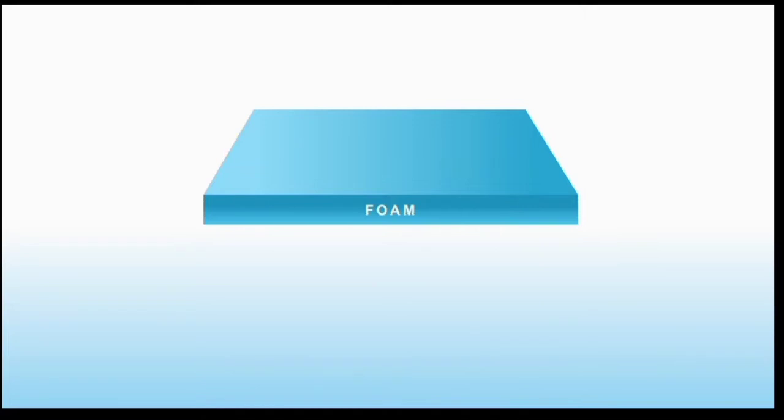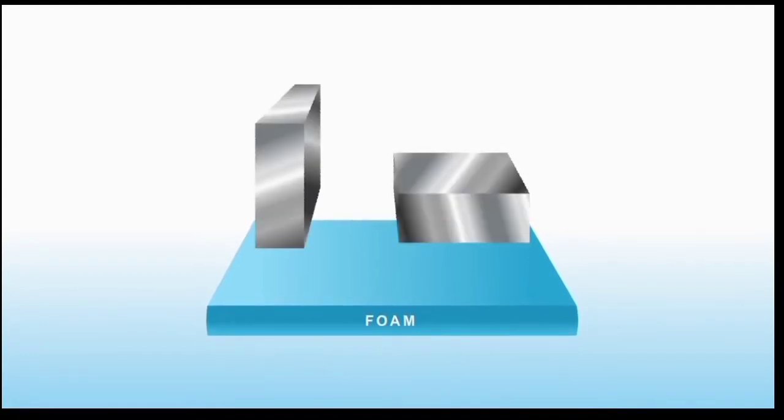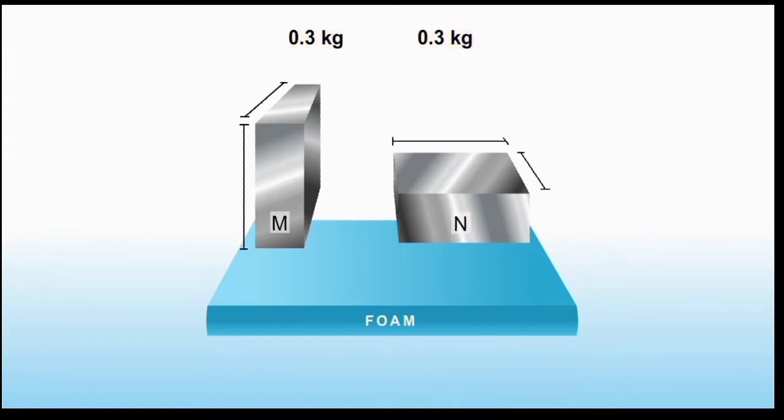Another example will help us illustrate further the distinction between thrust and pressure exerted by a body. Take a piece of foam and two identical metal blocks, say M and N, weighing 0.3 kg. The length, breadth, and thickness of these blocks are 0.3, 0.2, and 0.1 meters, respectively.